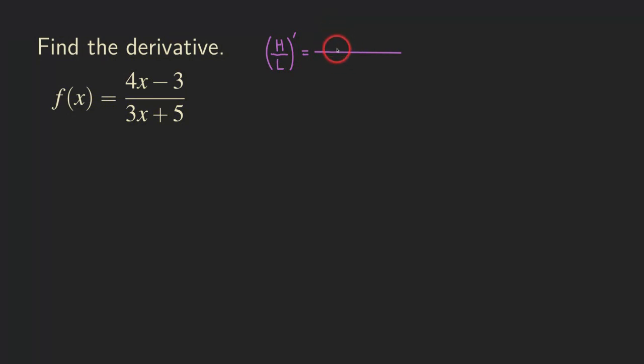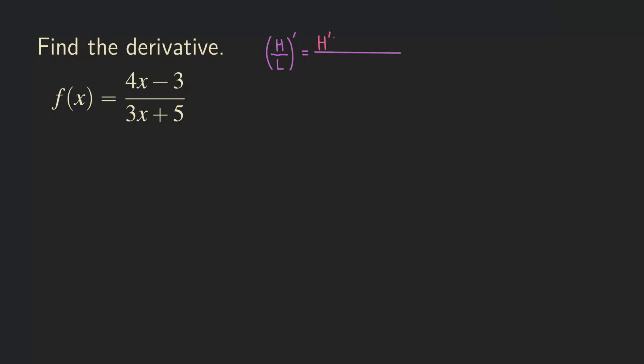We put down the derivative of the top function, and then we do not do anything to the bottom function, the low function. We just copy it right here.